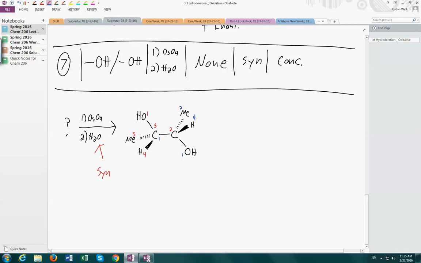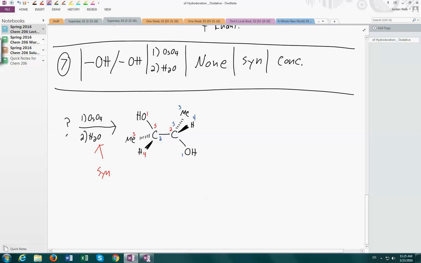Again, our hydrogen's coming towards us. So can we curl, let's see, I made two 1s. All right, so again, with our left hand, can we curl 1, 2, 3? Yeah, absolutely. And so what we've got is a couple of S stereocenters.